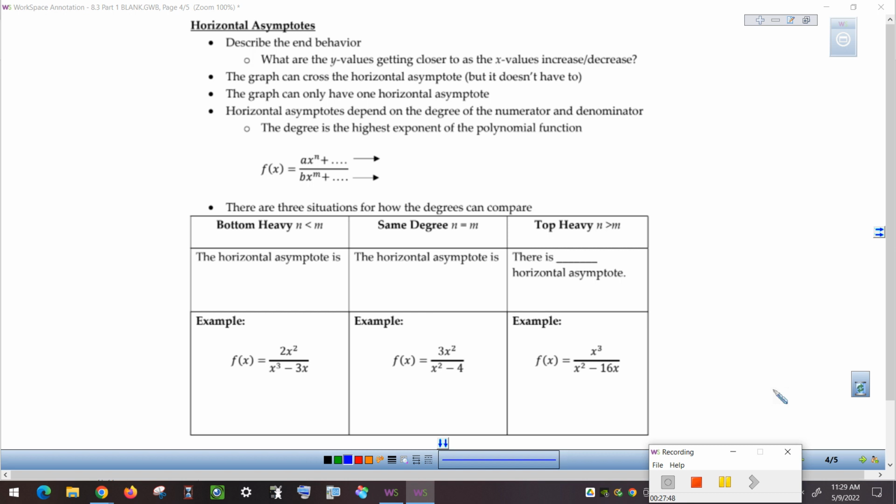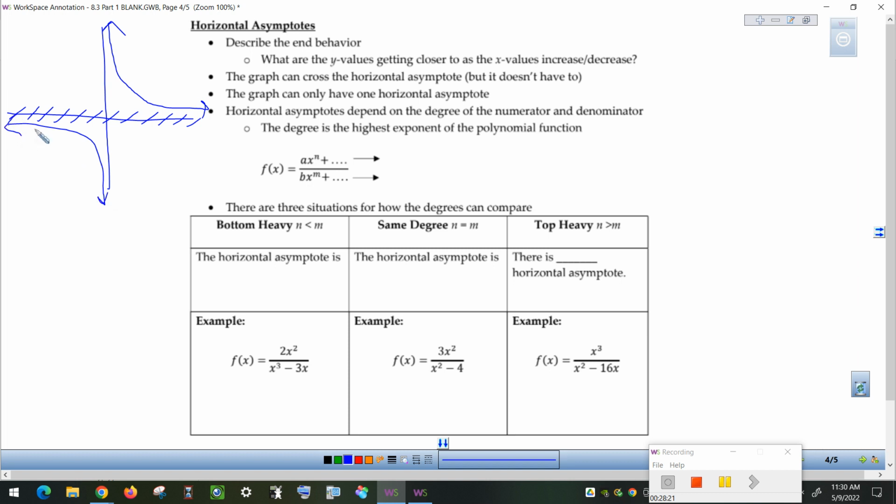Really what they do is they're describing the end behavior of our rational function graph, meaning it's telling us what the y values are getting closer to as the x values get really, really big on the far right-hand side of our graph, and as the x values get really, really small on the far left-hand side of our graph.